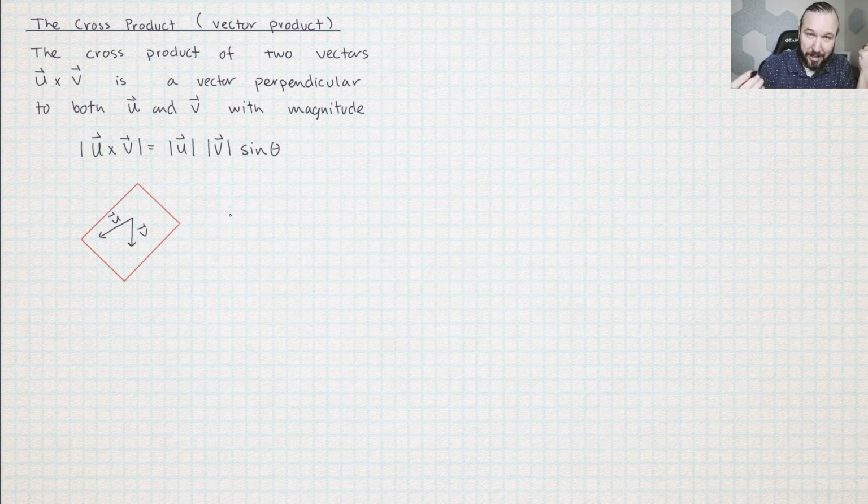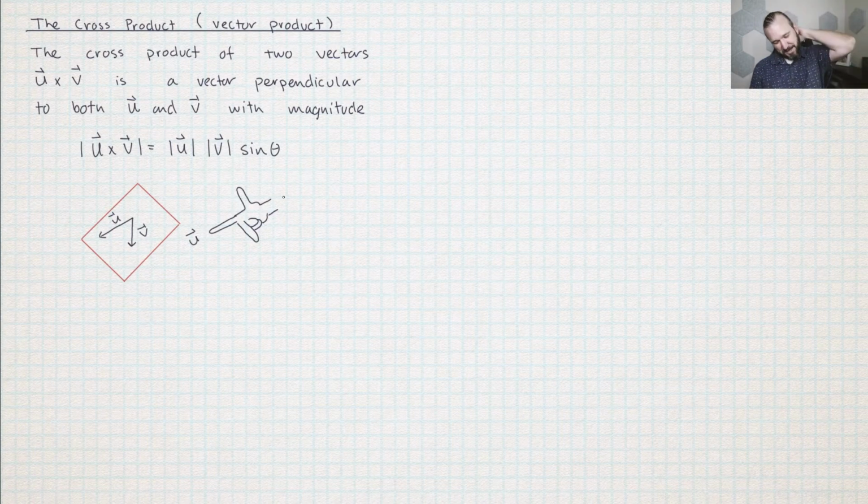So I've got to draw a hand, so I'm going to do my best. You put the first vector, in this case we're trying to work out what u cross v is, so you put your index finger down the vector u, and then you put your middle finger down the vector v, and then your other fingers are just tucked in there. They don't matter. And then whichever way your thumb points, oh goodness, okay, there's my hand drawing, somebody help me.